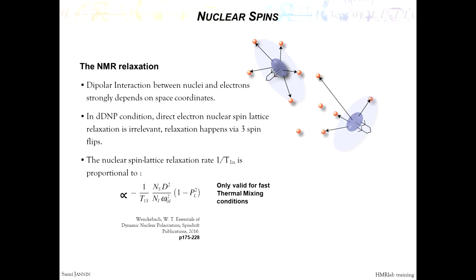Because the EPR line is so broad, there are many electron spins that can do a flip-flop very fast with the T2. And this induces relaxation of the nuclear spin. So you have exchange of energy between the 2 electrons and the nuclear spin. And I'm going to come back later to this 3-spin flip effect, because that's the DNP effect that we will consider. So it's the same effect that creates DNP and relaxation.